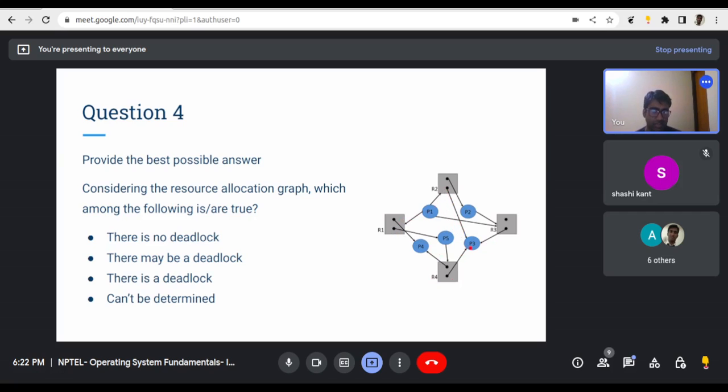The process P3 actually has all the resources that it requires, and there is one instance of R3 free, which can be allocated to P2 or P1. If it is allocated to P2, then P2 can move on up till completion, and then it can be allocated to P1, right? So there exists no deadlock in this case also. There exists no cycle actually, so no question of deadlock.